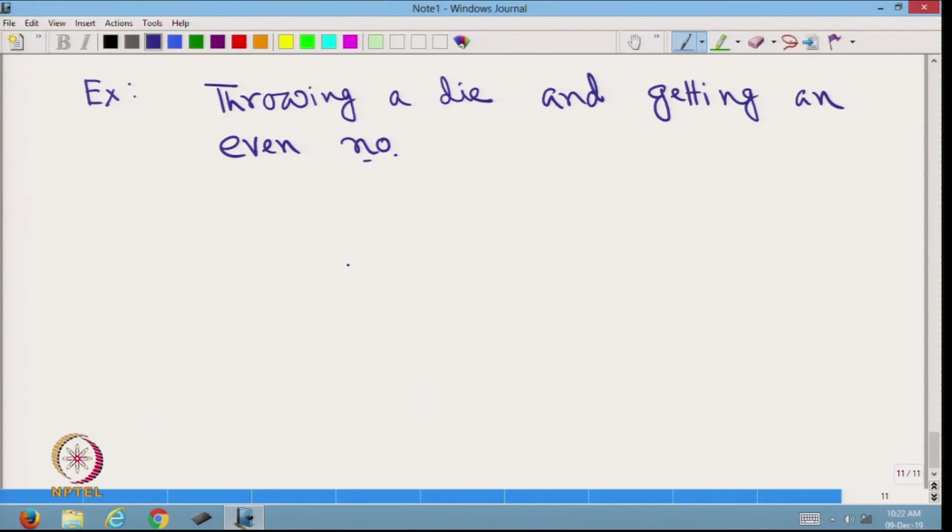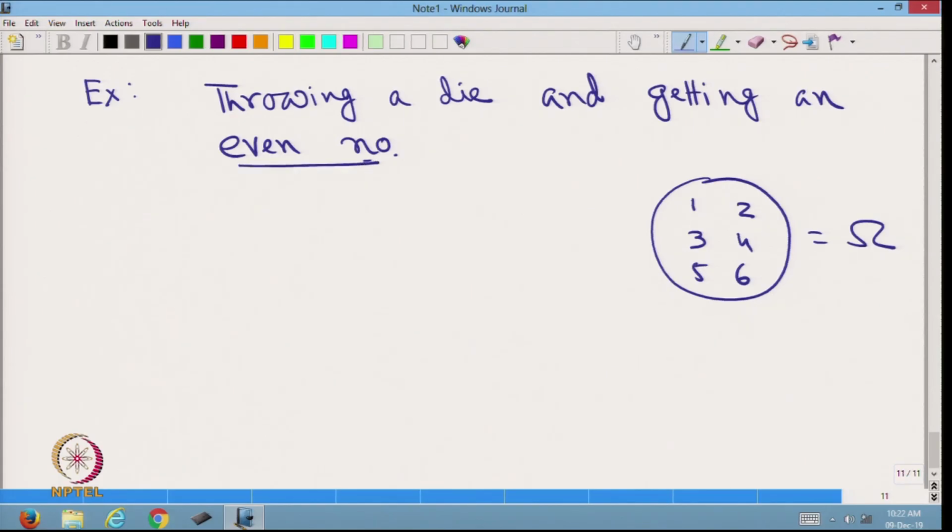So, if we consider omega equal to 1, 2, 3, 4, 5, 6, these are the 6 points of omega, and the event is getting an even number.